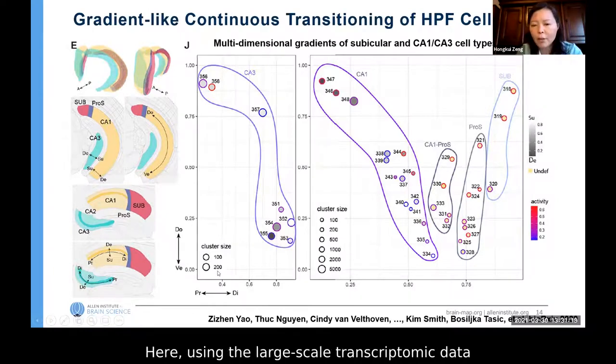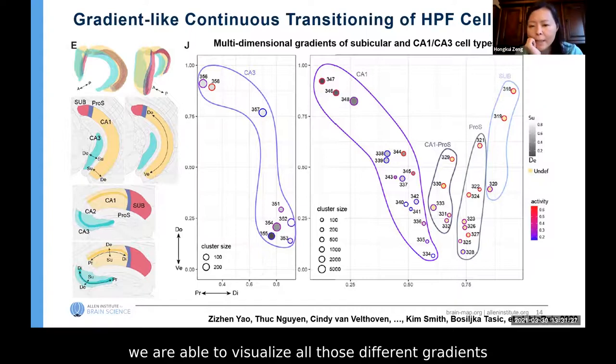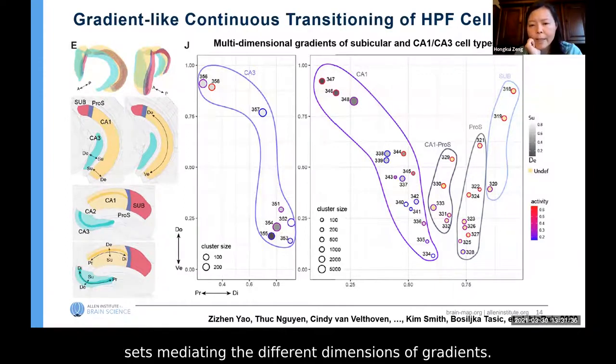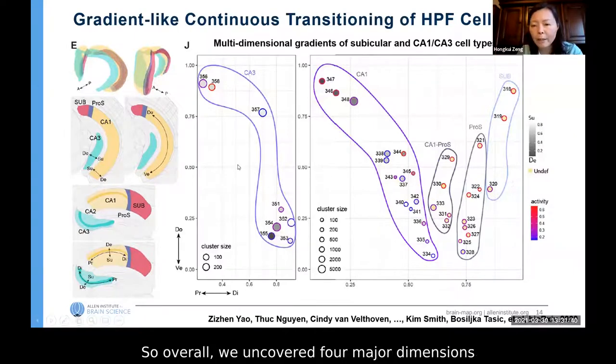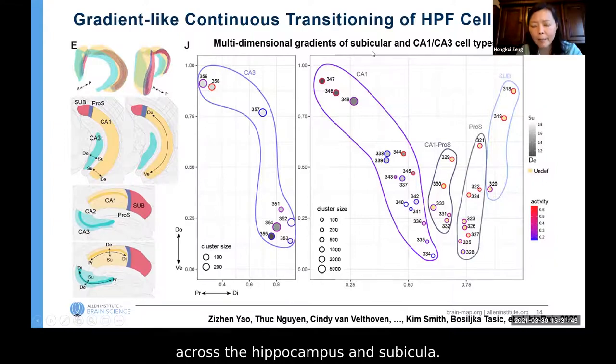Here, using the large scale transcriptomic data that encompasses all those different regions, we are able to visualize all those different gradients together in one picture and identify individual gene sets mediating the different dimensions of gradients. So overall, we uncovered 4 major dimensions of distribution of cell types or gene expression patterns across hippocampus and subiculum.